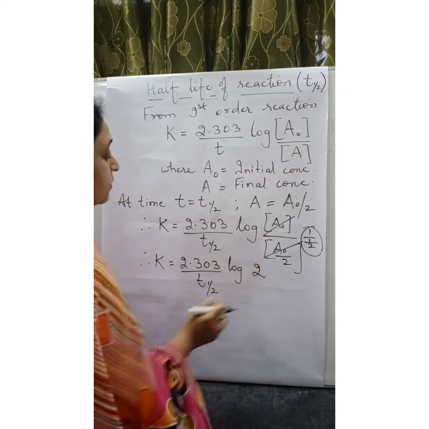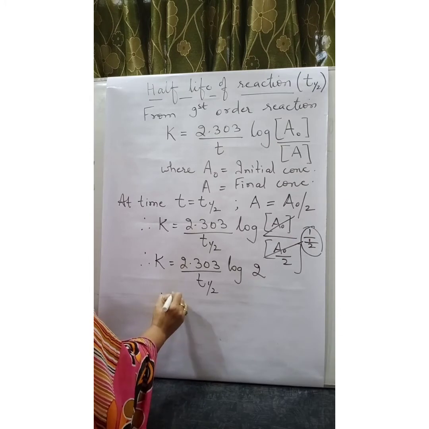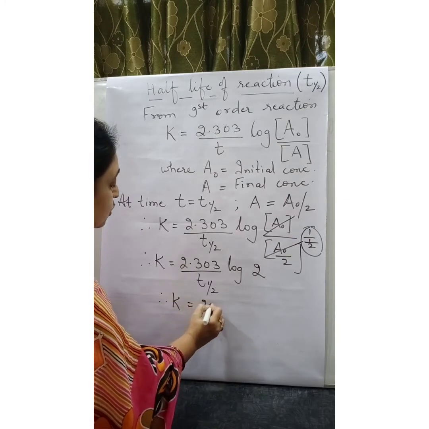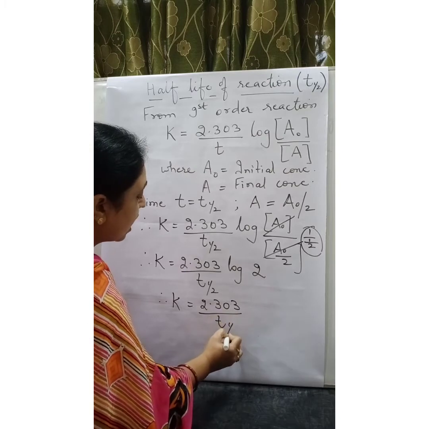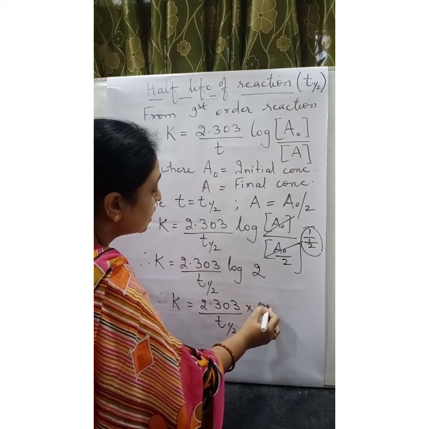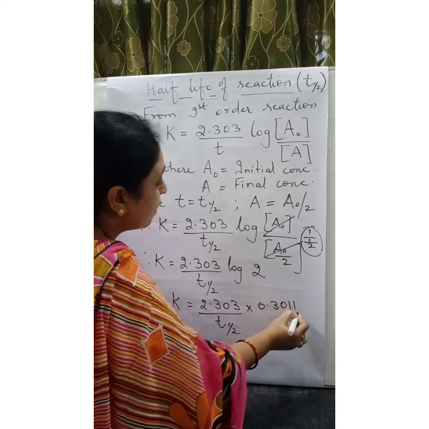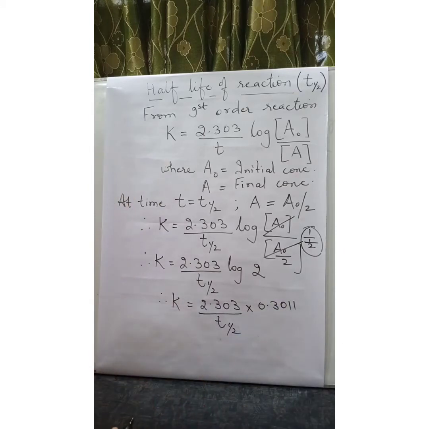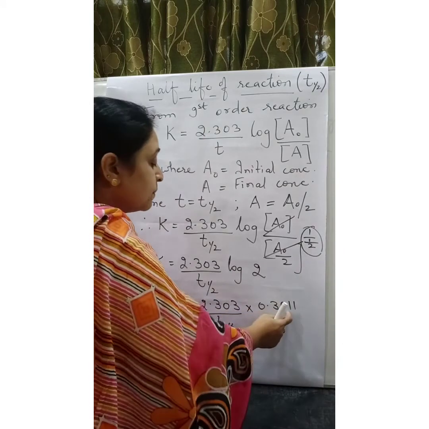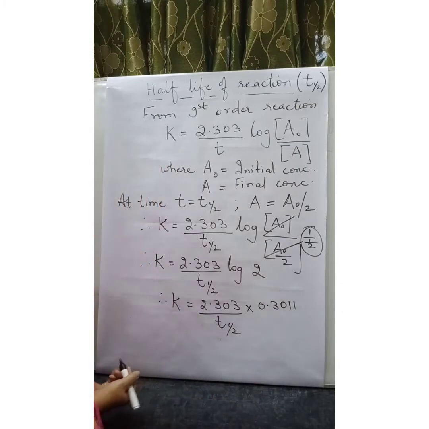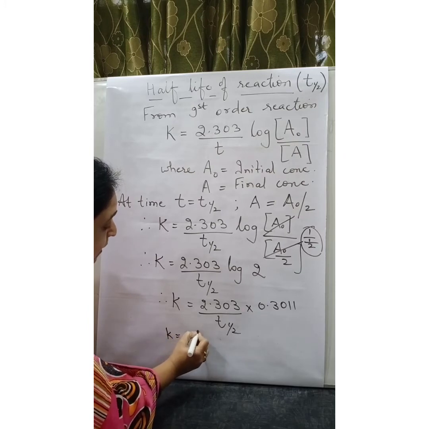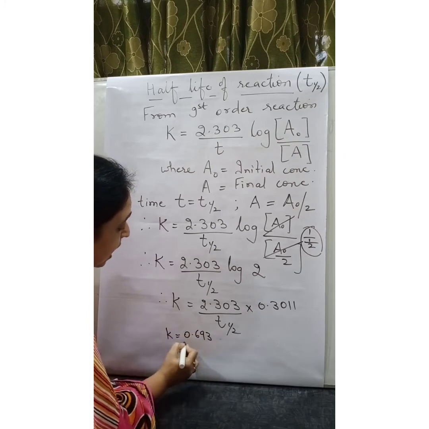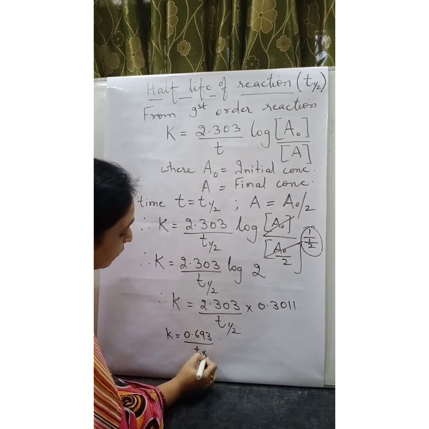Now, substitute the value of log 2. K is equal to 2.303 upon tau half into 0.3011, which is the value of log 2. When we multiply both of these, we get K is equal to 0.693 upon tau half.